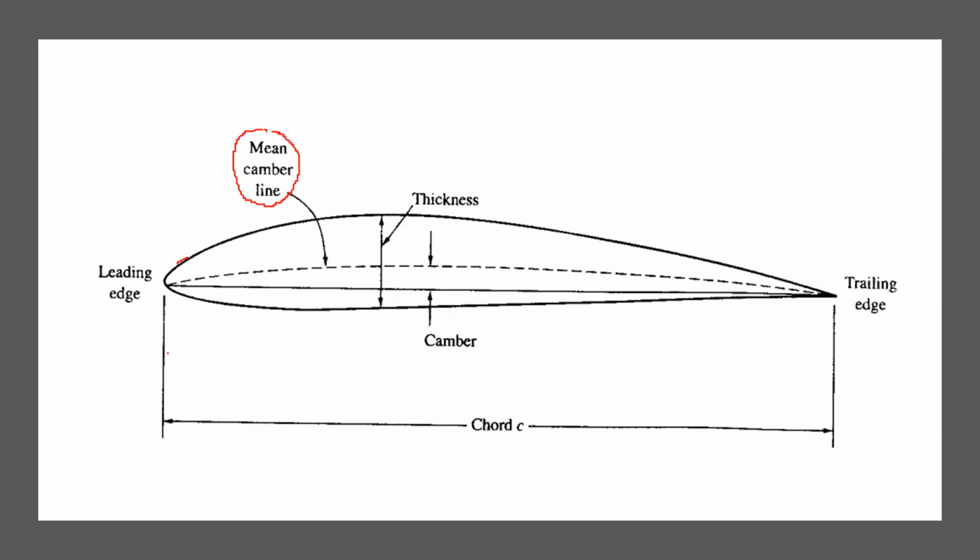Sir, it is the mean line dividing the upper half and lower half equally, at equal distance to the upper surface and lower surface. Good. Equidistant line. That's the right answer.